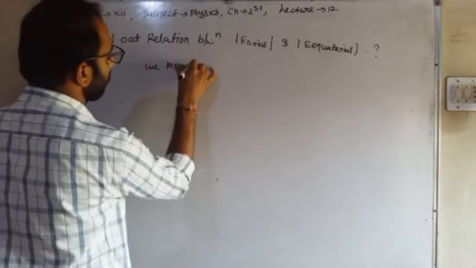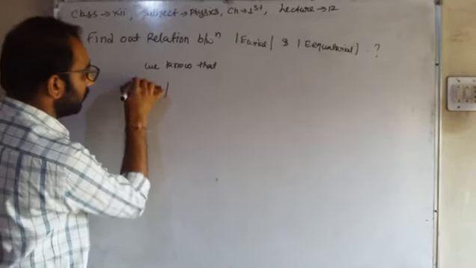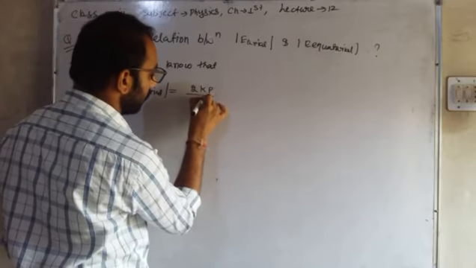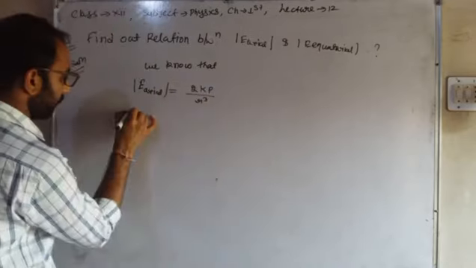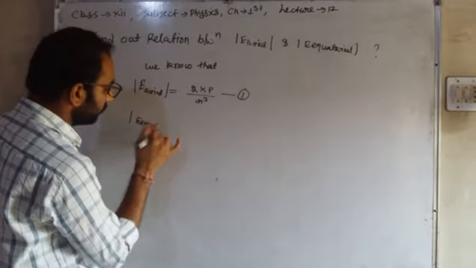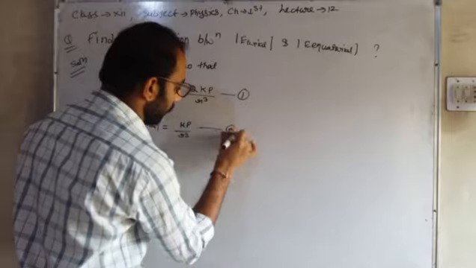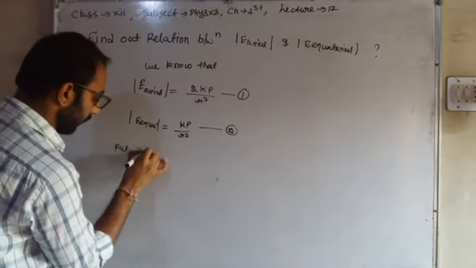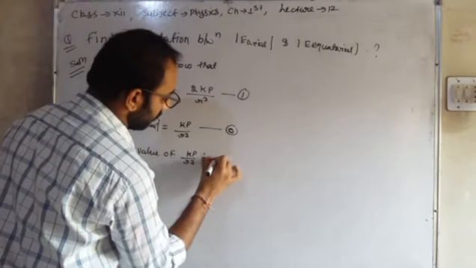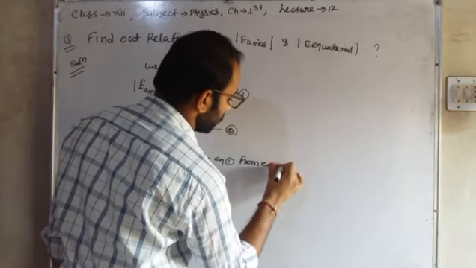We know that E axial is 2kp upon r cubed, equation number one, and E equatorial is kp upon r cubed in magnitude, equation number two. Put the value of kp upon r cubed from equation two into equation one.